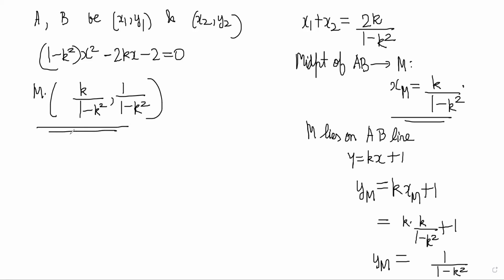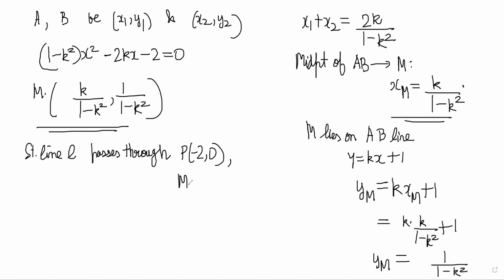And we have a straight line L that passes through P(-2, 0). It passes through M, (k/(1 - k²), 1/(1 - k²)).